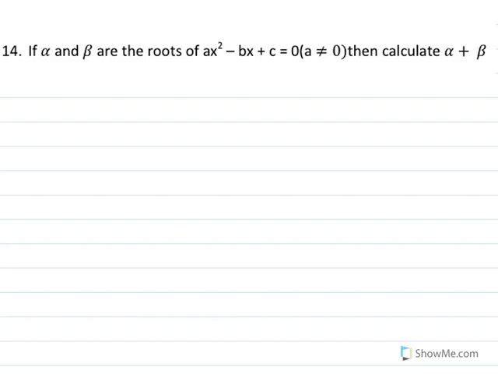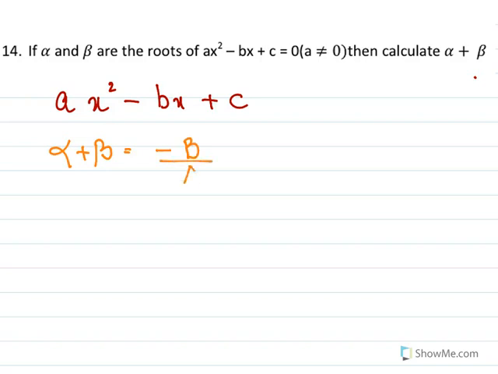If alpha beta are the roots of the polynomial, then calculate a alpha plus beta. So here is a polynomial ax square minus bx plus c. We know the formula that alpha plus beta equal to minus b by a.